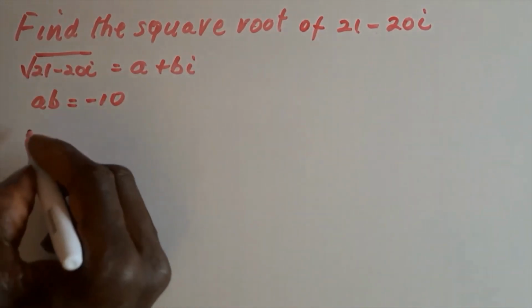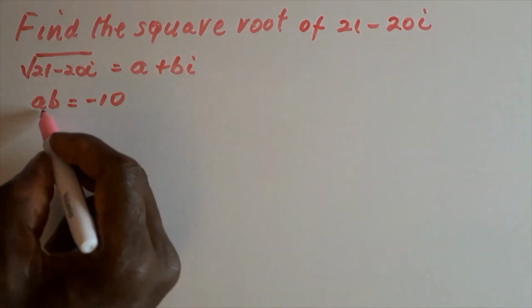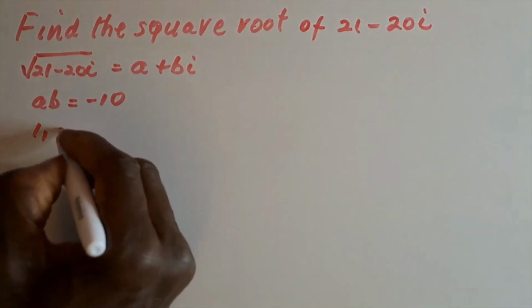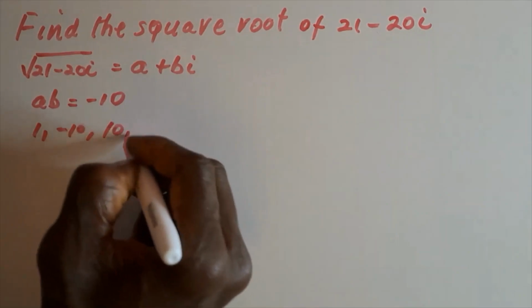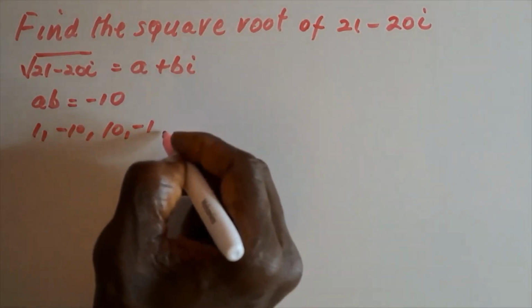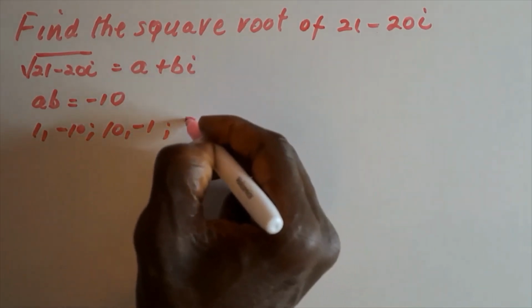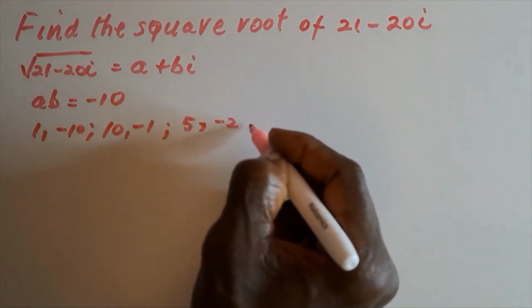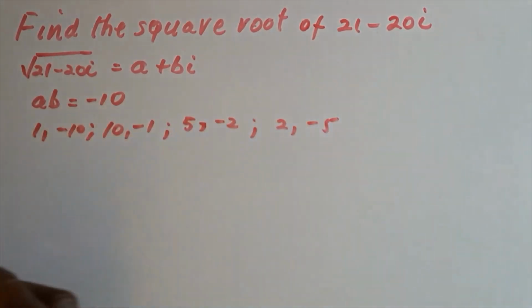And now we can write the possible values of a and b, because the product of a and b is -10. We can have 1 and -10, 10 and -1. We can have 5 and -2, 2 and negative 5.